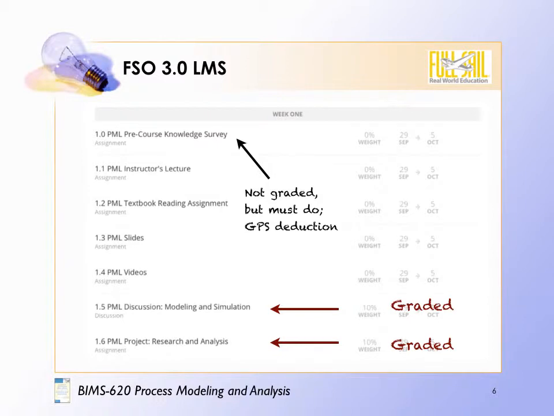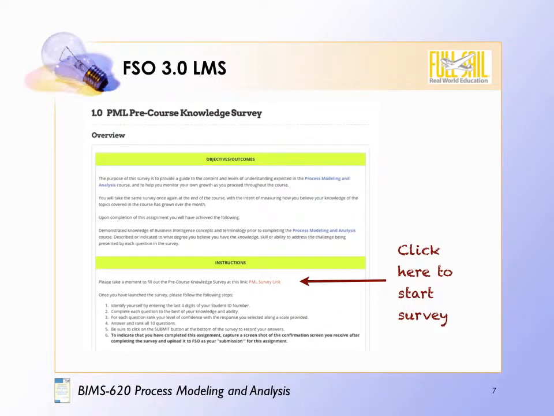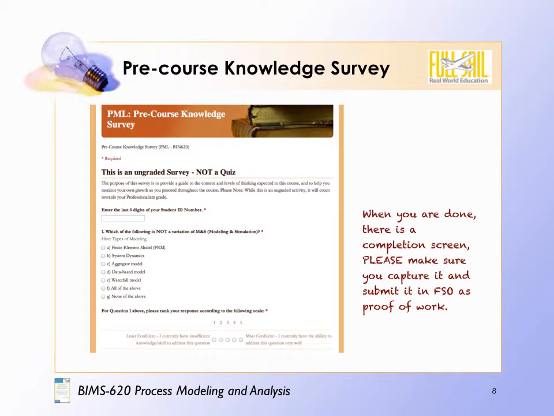So if you look at that, we're going to look at your pre-course knowledge survey. It's pretty standard issue. You would click on that, and this is what you would see. And there's a link there. You click on that link, and that will carry you to this. You fill it out. 10 questions. Do the best that you can.